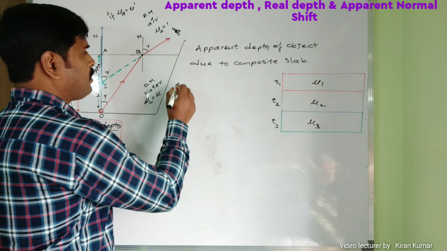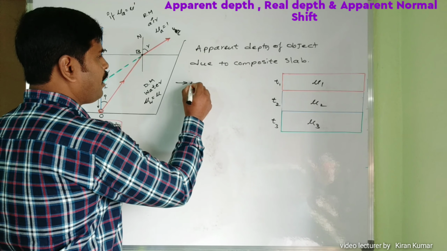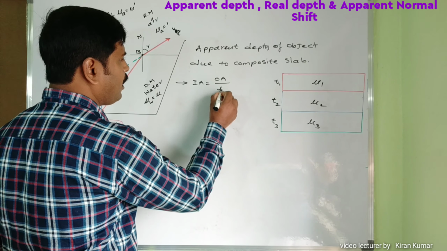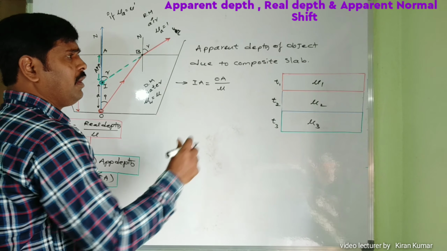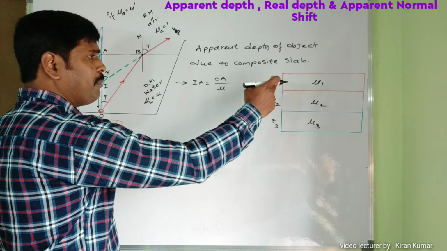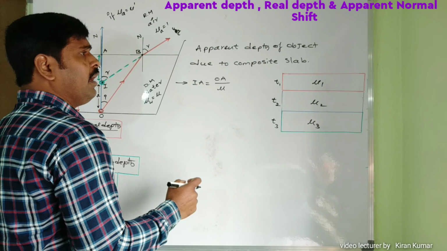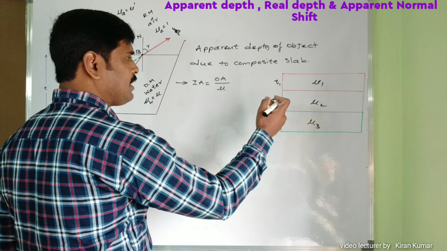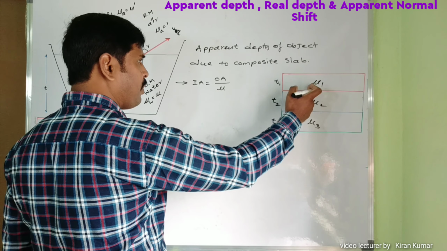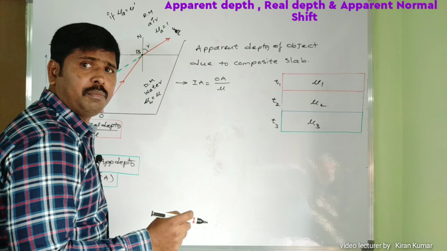Listen to me. The basic formula is apparent depth Ia equal to real depth divided by mu. That is for only one medium, but here many mediums are there, three: T1 thickness, T2 thickness, T3 thickness, with corresponding refractive indices mu1, mu2 and mu3.